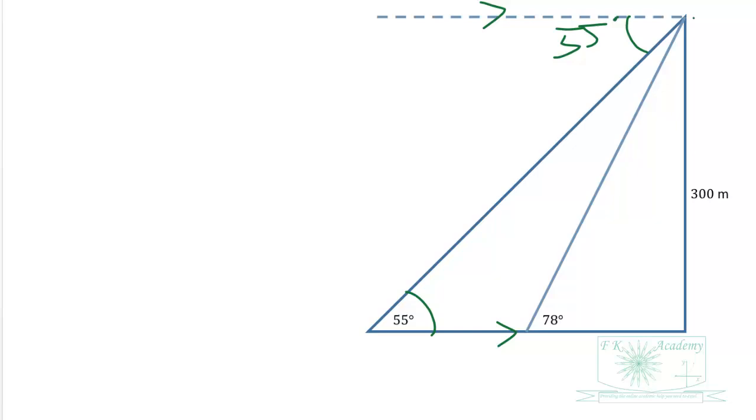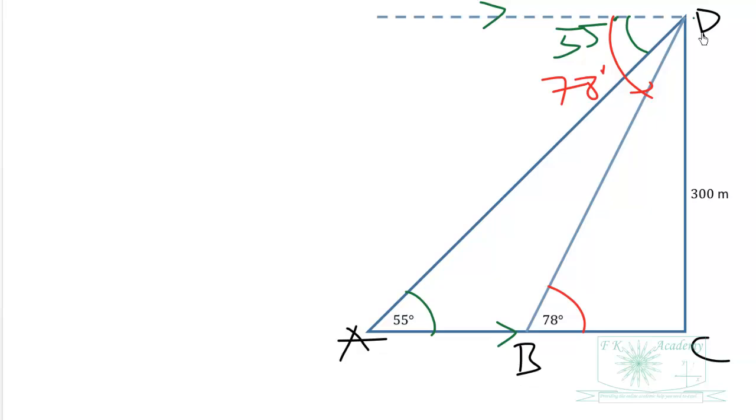Then also for the second bed, the angle of depression is this, which is 78, so that is equal to this as well. So now how do we calculate the difference? Let's label. The first bed is A, the second bed is B, then we have the foot, C, then we have the top here, D.